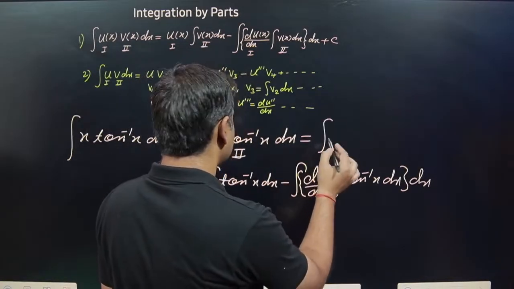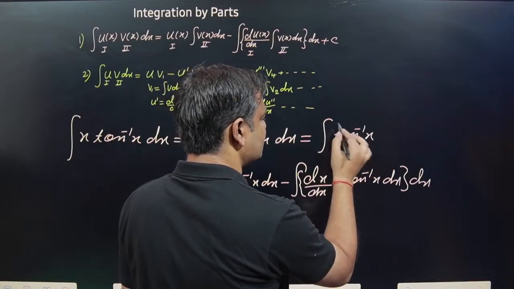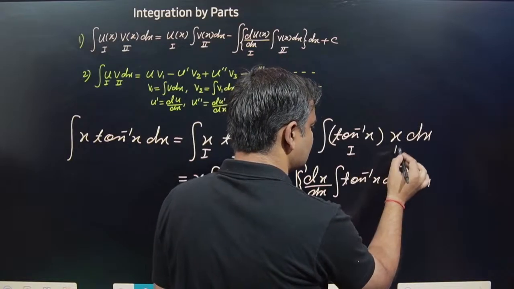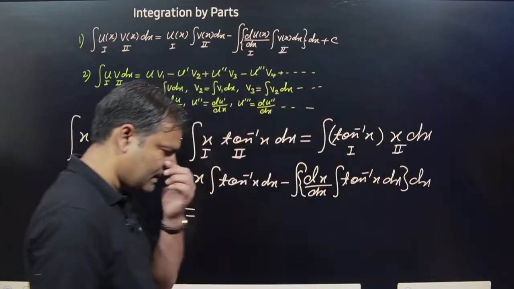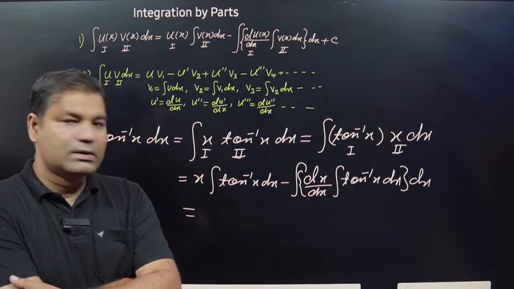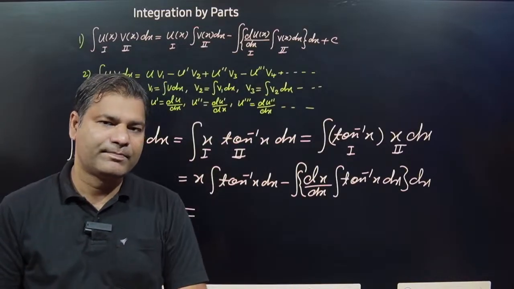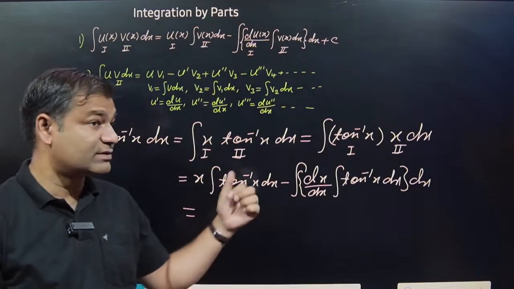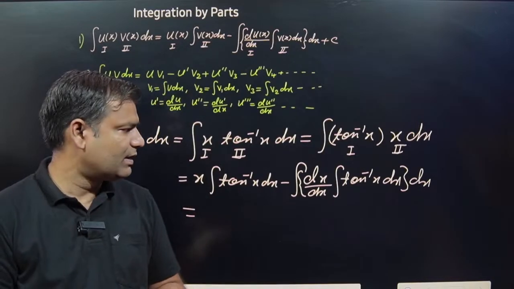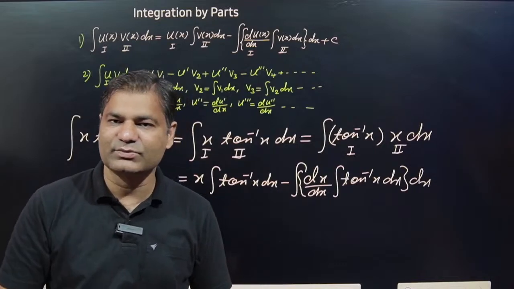Someone may say, sir, I will take tan inverse x as the first function. So it is first into integration of second. The integration of x is x square by 2. After that, the differentiation of tan inverse x is simply 1 upon 1 plus x square.